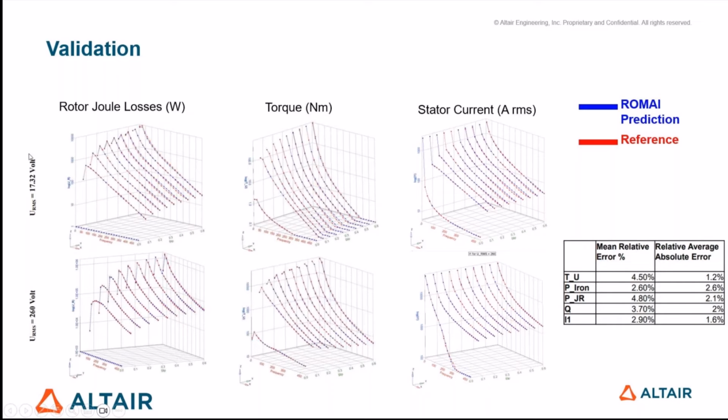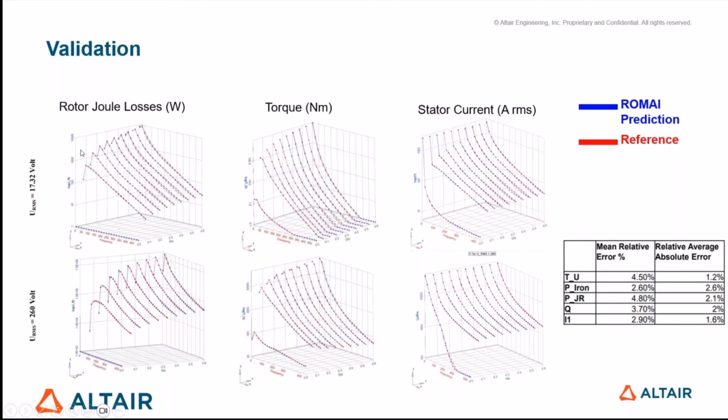For the highest voltage, which is 260 volt, and the smallest voltage, which is almost 17 volt, you can see the variation of the quantities versus slip and versus frequency for both voltage values.